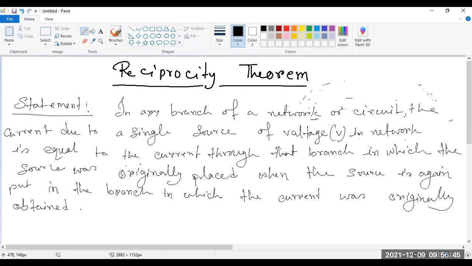Okay, so in any branch of a network or circuit, the current due to a single source of voltage V in a network is equal to the current through that branch in which the source was originally placed, when the source is again put in the branch in which the current was originally obtained.